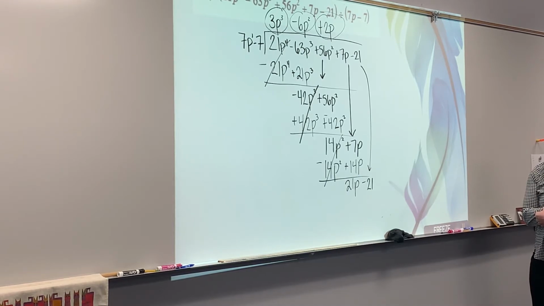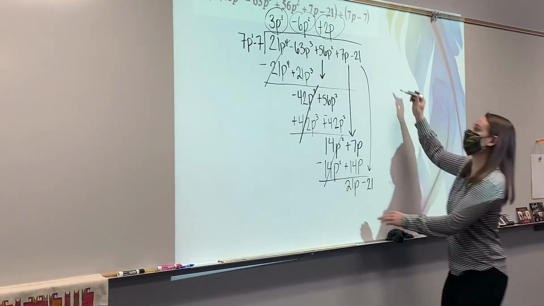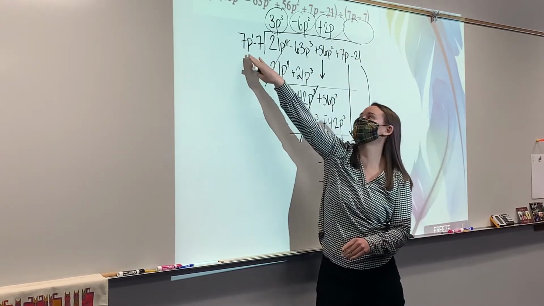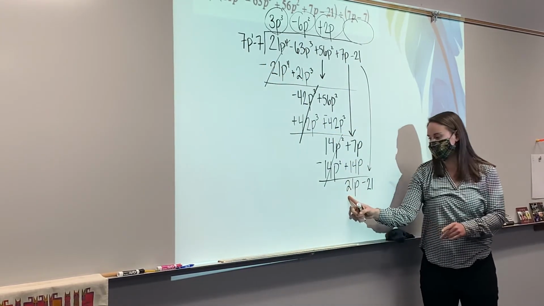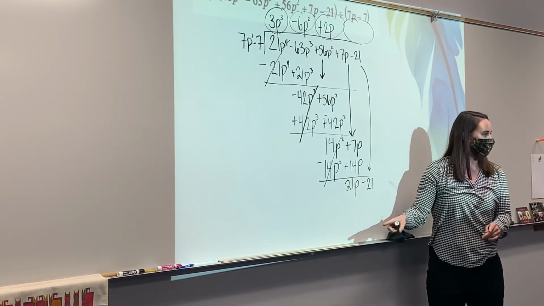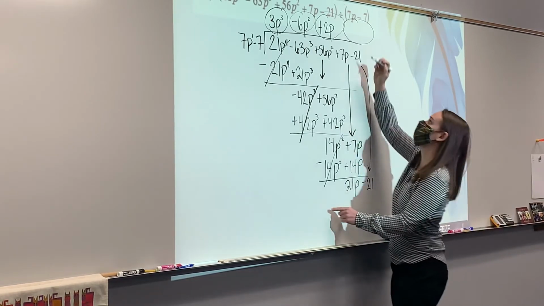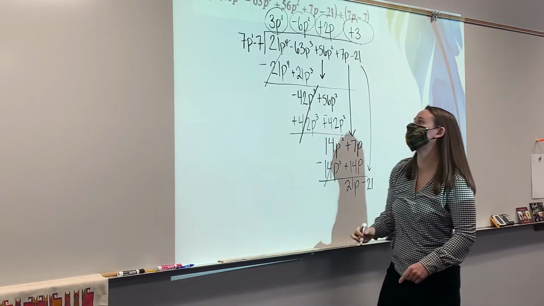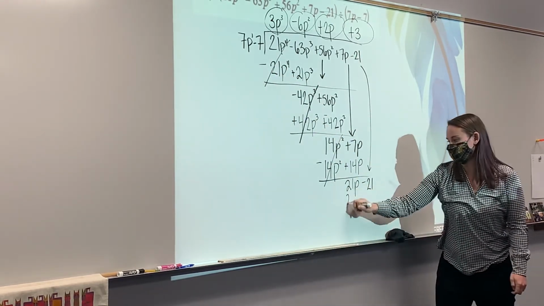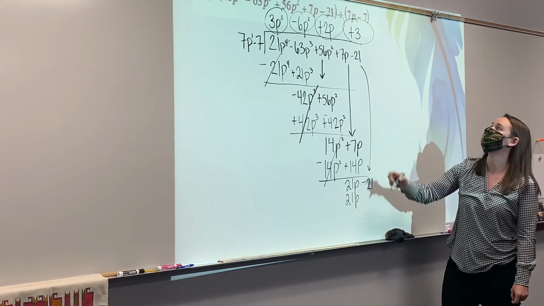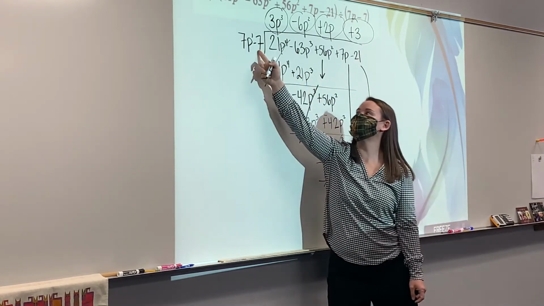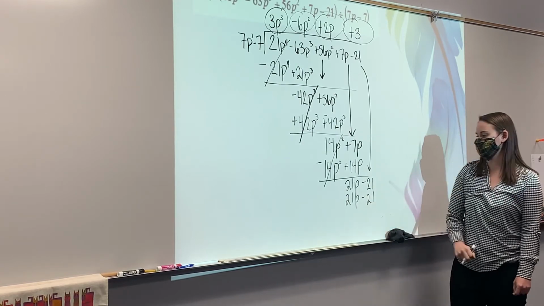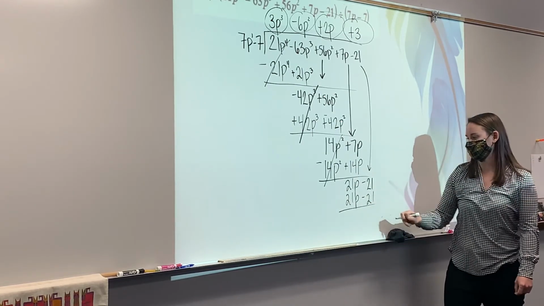Last step is to try to get that exactly. This times 7p, I want to get a 21p. That's just which number? So 3 times 7p is going to be 21p. 3 times a minus 7, so minus 21. Change the signs.